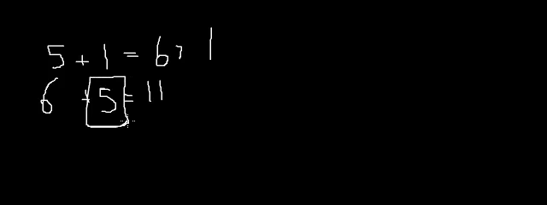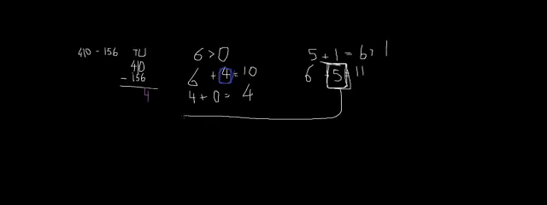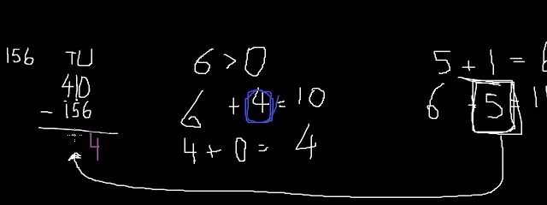So this digit is the digit we've got to keep over here. There we go. So let's just put 5 over there. Now let's move on to the next, the hundreds column.